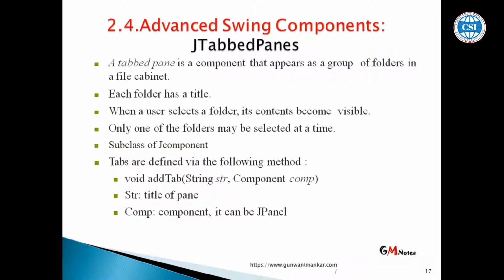The string means the title of the pane, and the component means the object of that component, that is the JPanel. We have to create the JPanel object and add it. So the component can be a JPanel.